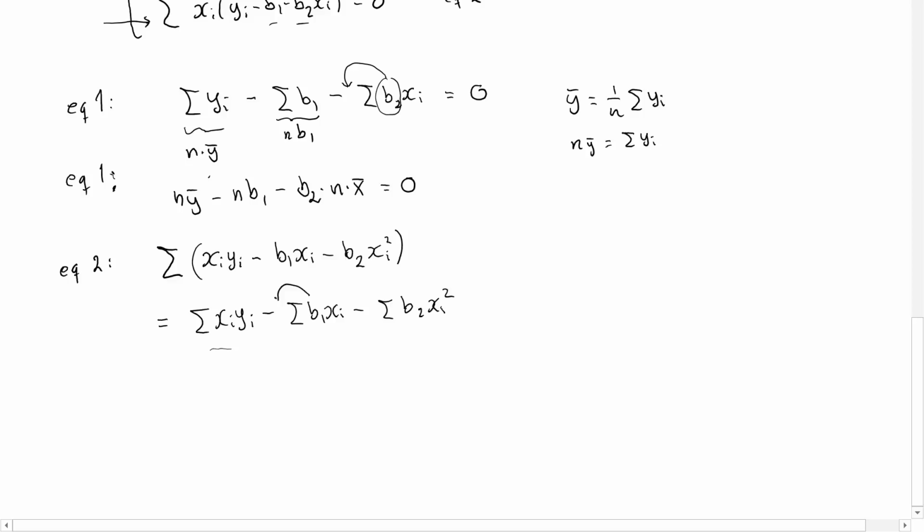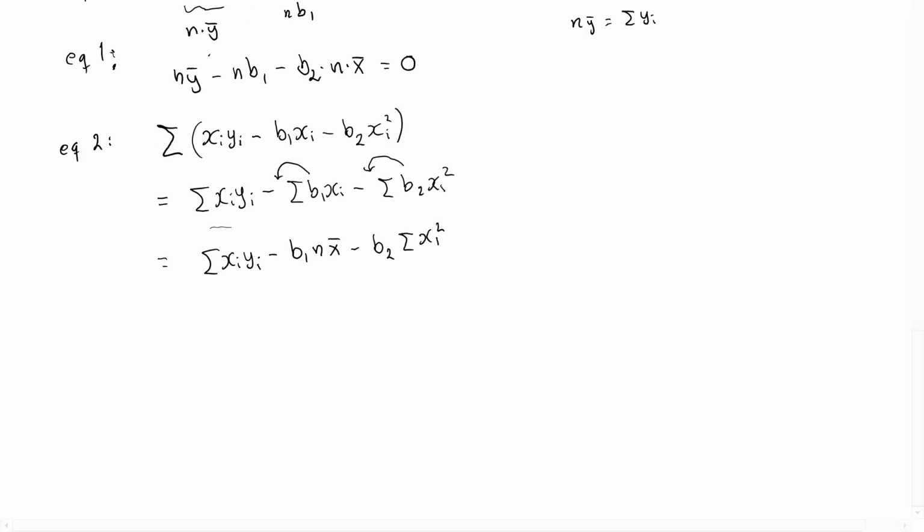The second sum I have at least a constant to take outside, as I do in the third sum, so I can write this as summation xi yi minus b1 times summation xi, which is n x bar, minus b2 summation xi squared.